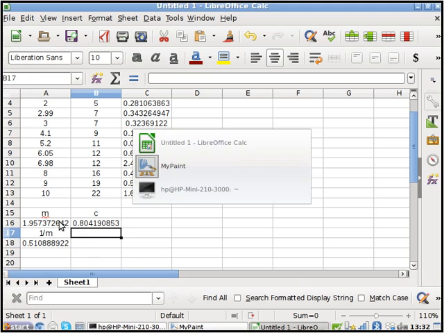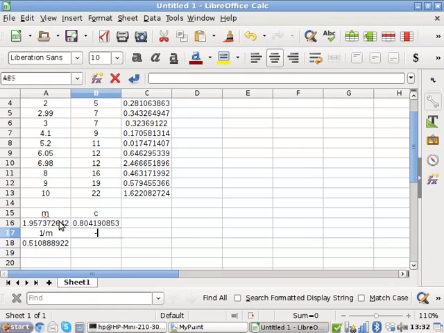And then the second one is minus c over m, and that's equal to minus c divided by m. So I get this number.